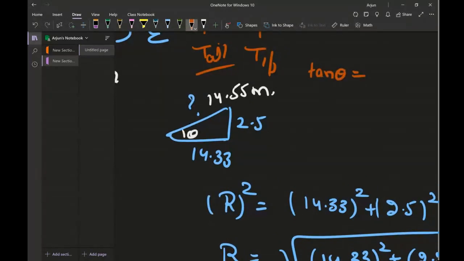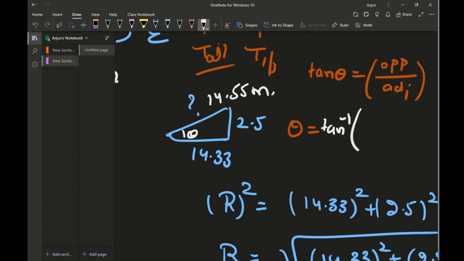So tangent theta is equal to opposite upon adjacent. Now theta value will be equal to, that's what we are looking for, tangent inverse. Opposite is 2.5 divided by 14.33.